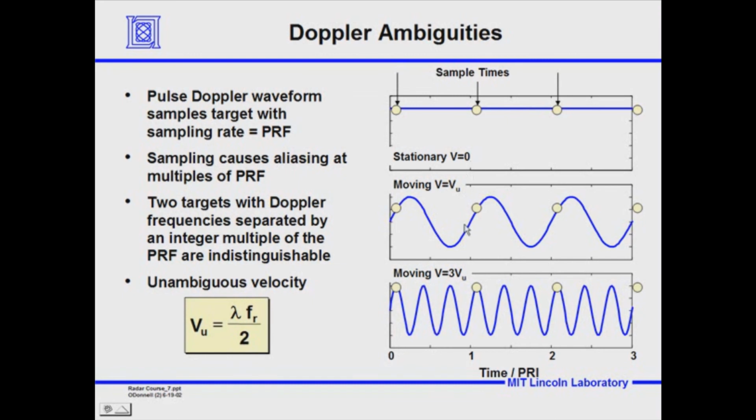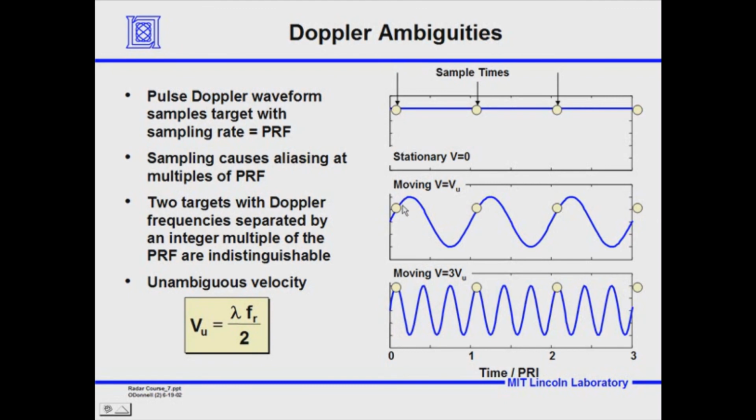Now, say for instance that the target is moving at the unambiguous velocity, where the unambiguous velocity is the velocity that corresponds to the PRF, and we sample it once a time between pulses, we still get a constant value.